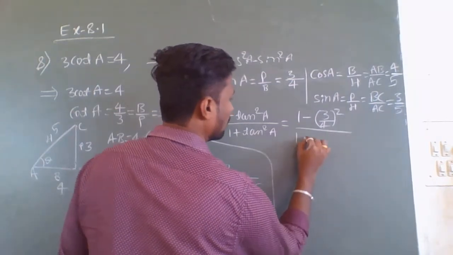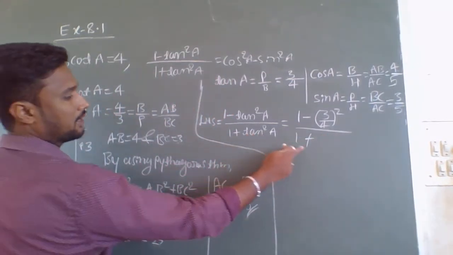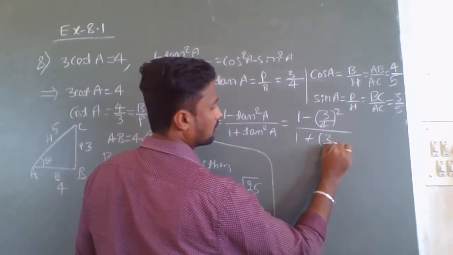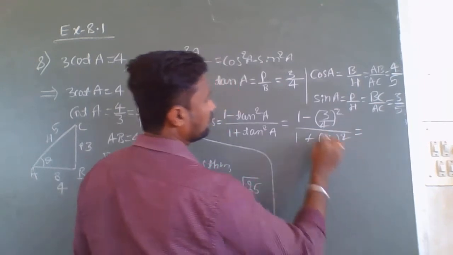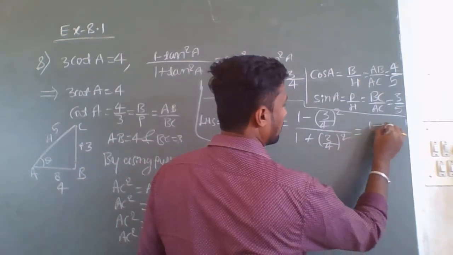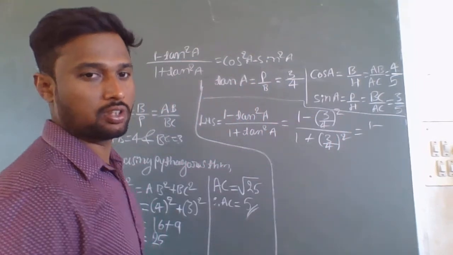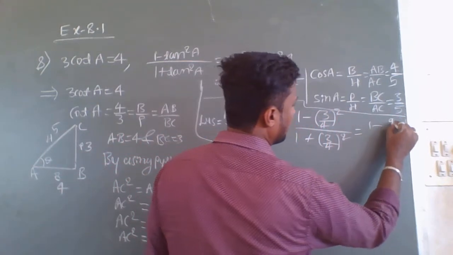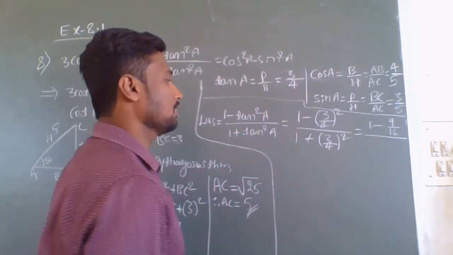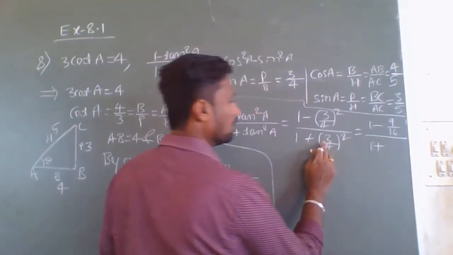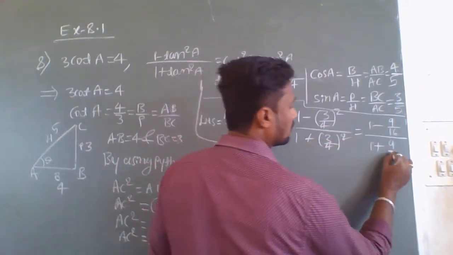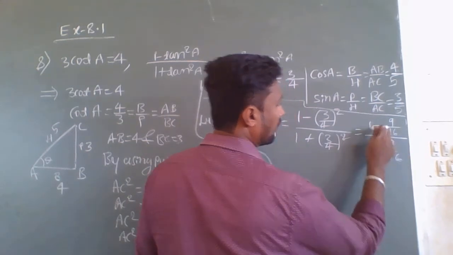In the denominator, 1 plus 3 by 4 whole square, right? So now 1 minus 3 by 4 whole square, what will you get? 3 square means 9 and 4 square means 16. So 1 minus 9 by 16, divided by 1 plus 9 by 16. Now we will calculate this.